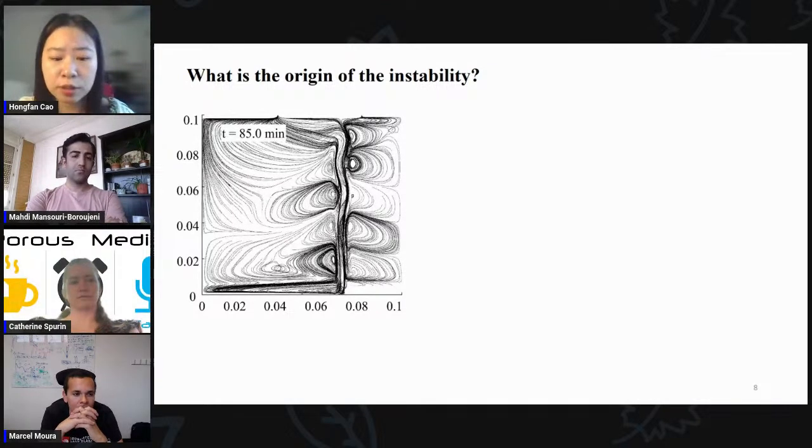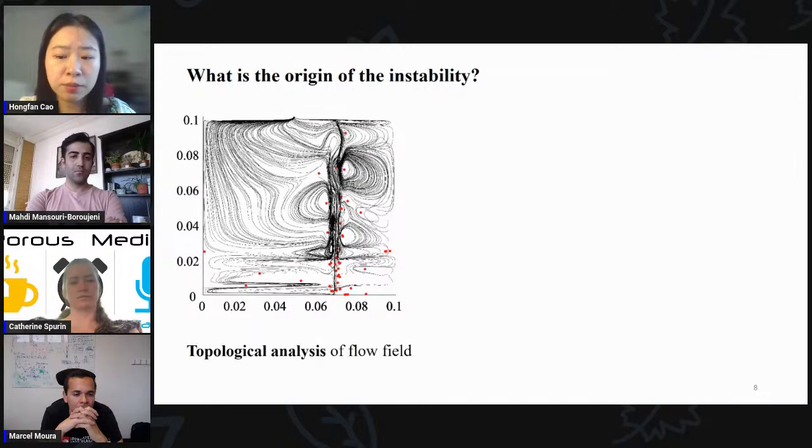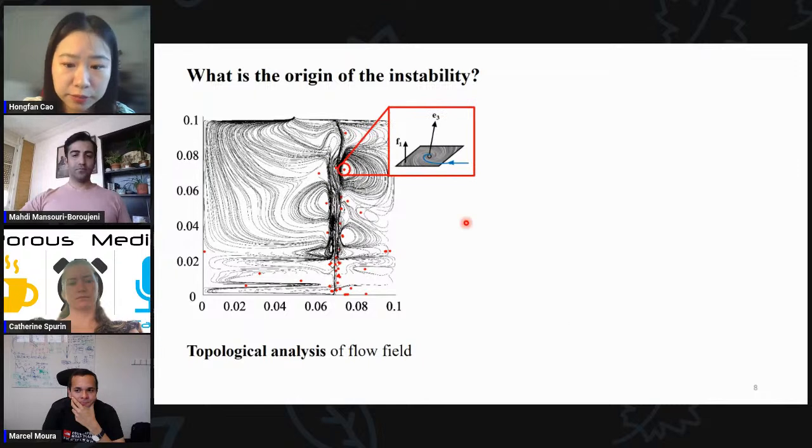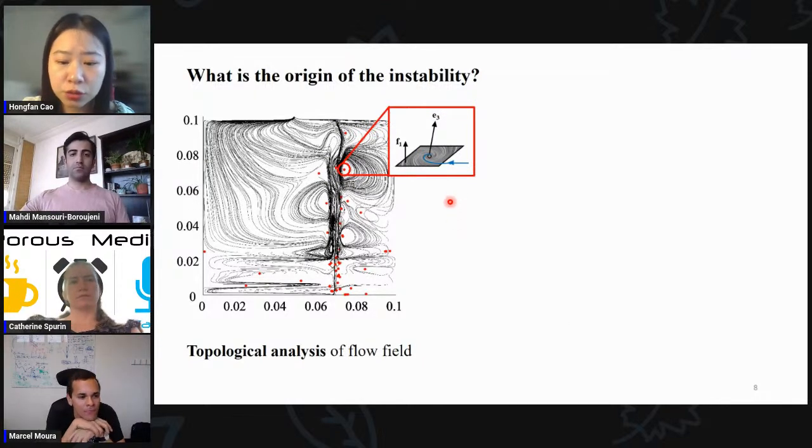So we use topology analysis to extract important information from the complex flow field. What we are interested in are these stagnation points, shown as red dots in the figure. The flow pattern around these stagnation points looks like this. So these stagnation points can be used to represent the centers of vortices.